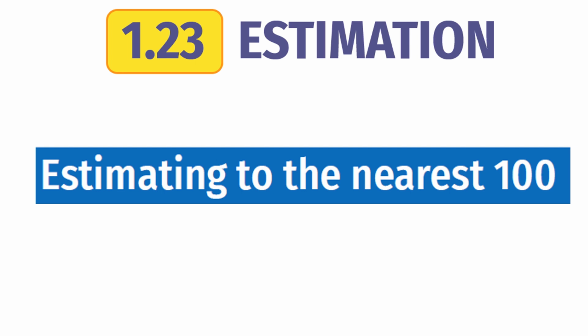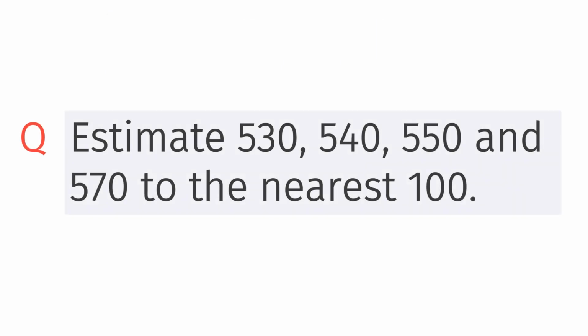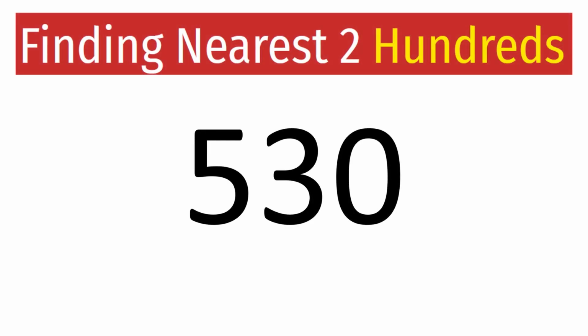Let us take this question from the book. Estimate 530, 540, 550 and 570 to the nearest 100. Let's take the first number 530. Let's take the last two digits.